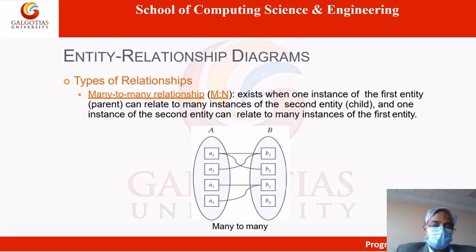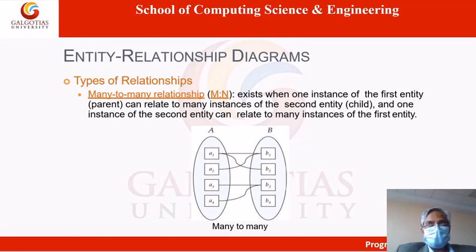Okay, so there are two entity sets here, A and B, and you can see that A1 is associated with two entities from B, and here B1 is associated with two entities from A. So here also many relationship, and here also many relationship. So that's why it is called many-to-many relationship.